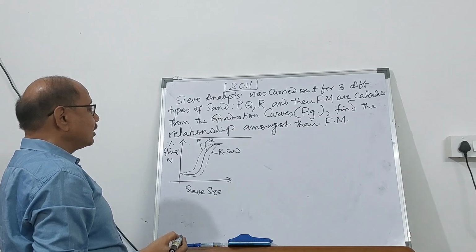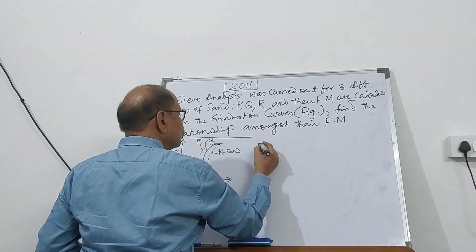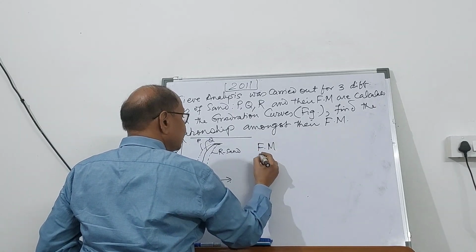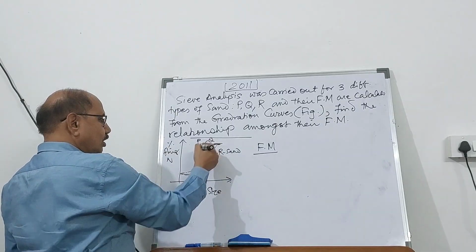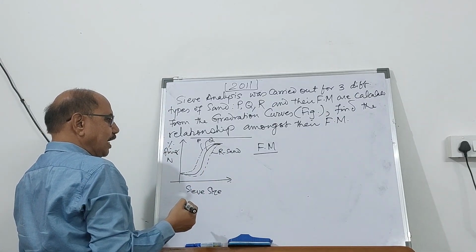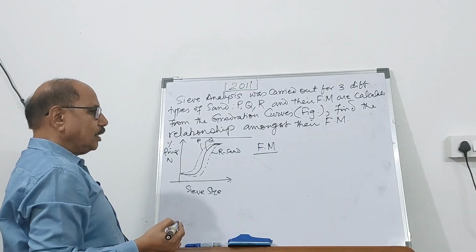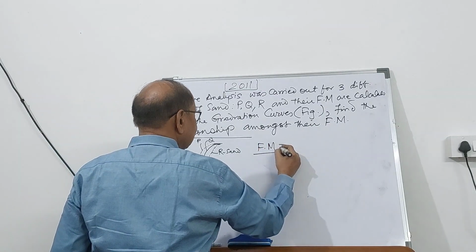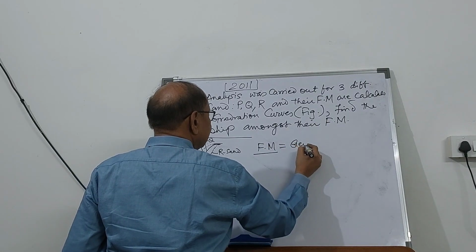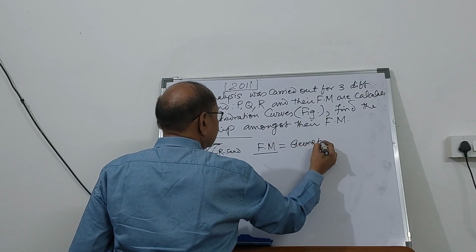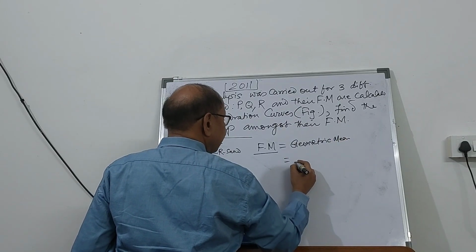From this gradation curve, if you want to find the relationship amongst their fineness modulus, the fineness modulus of the solid line, that is of Q sand, can be found as it is in between P and R. It will be the geometric mean. We know it, and it is very simple.